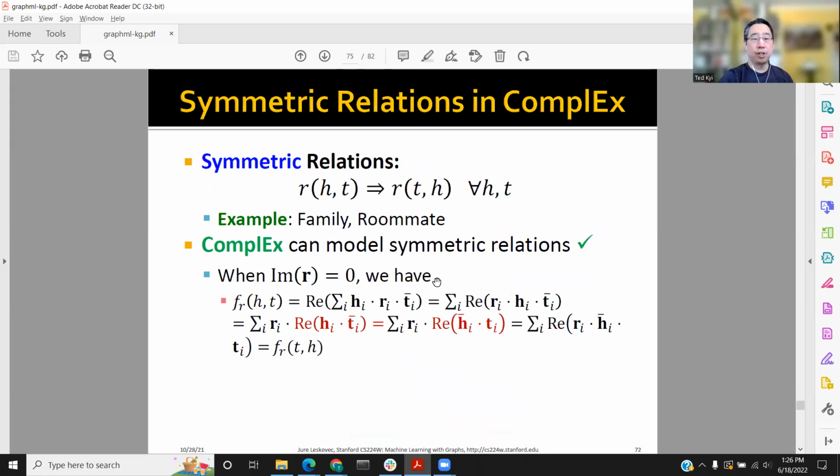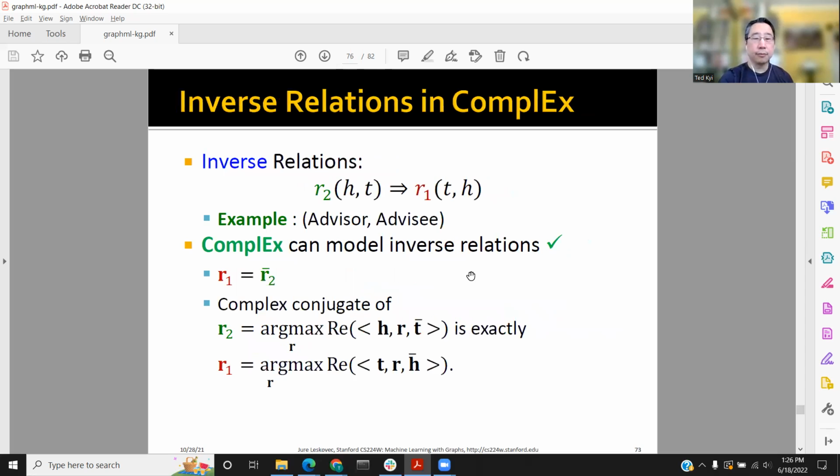So symmetric relationships, you can show, easily models that. That's not really difficult at all. Inverse relationships, not a problem, because if you set relationship 1 equal to the conjugate of relationship 2, then it's true that the dot product of head r tail conjugate is the exact same value as the dot product of tail r head conjugate.